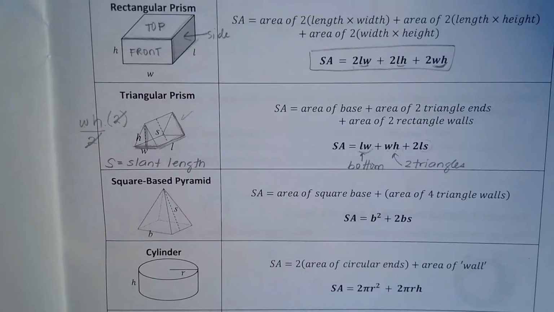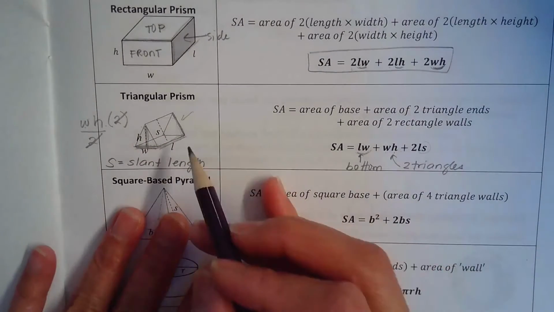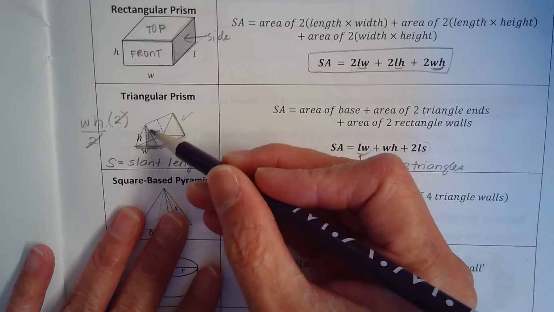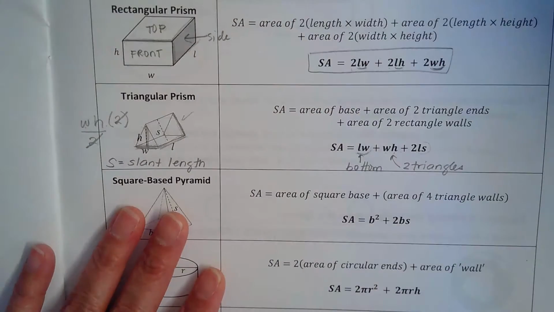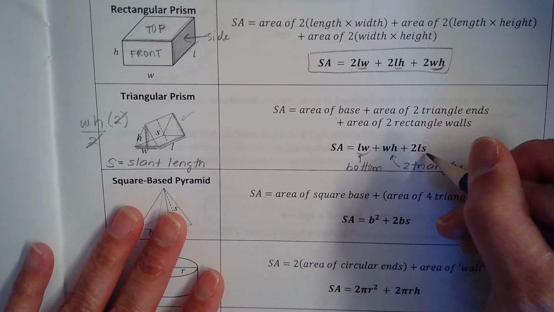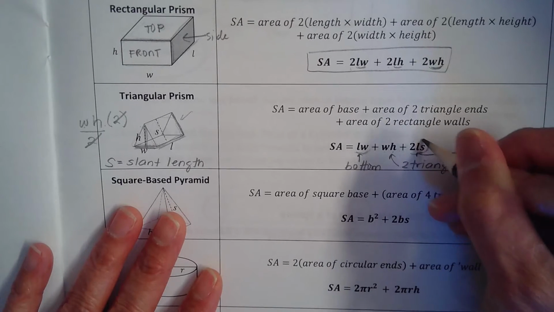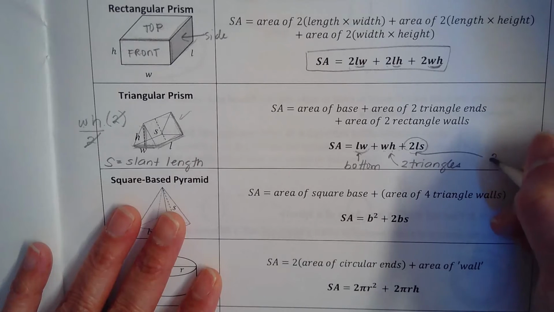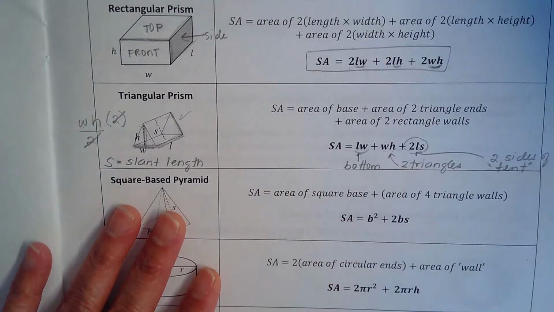But how many are there? There are two sides of the tent. There's one side right here, and then the other side that we can't really see right now. So there are 2 L times S. All of this talks about the two sides of the tent.